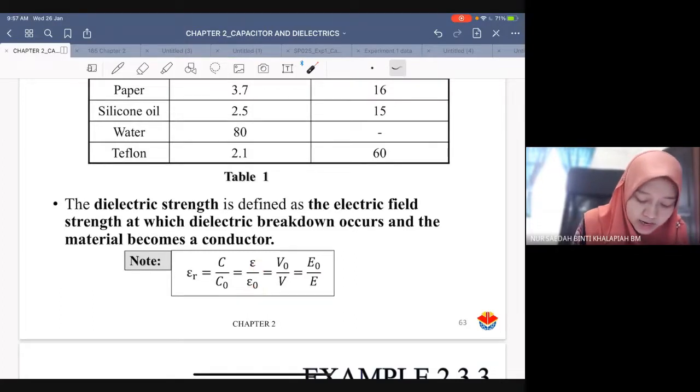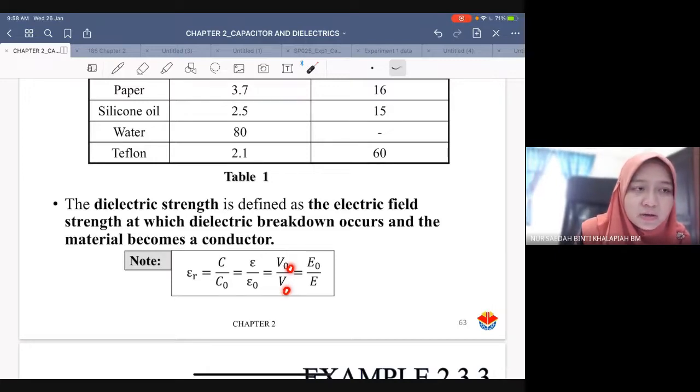Okay. So next, V naught adalah potential untuk kapasitor yang kosong. Yang air sahaja. V adalah potential for kapasitor yang dah letak dielectrics. Okay, so samalah E naught adalah electric field kapasitor yang kosong.